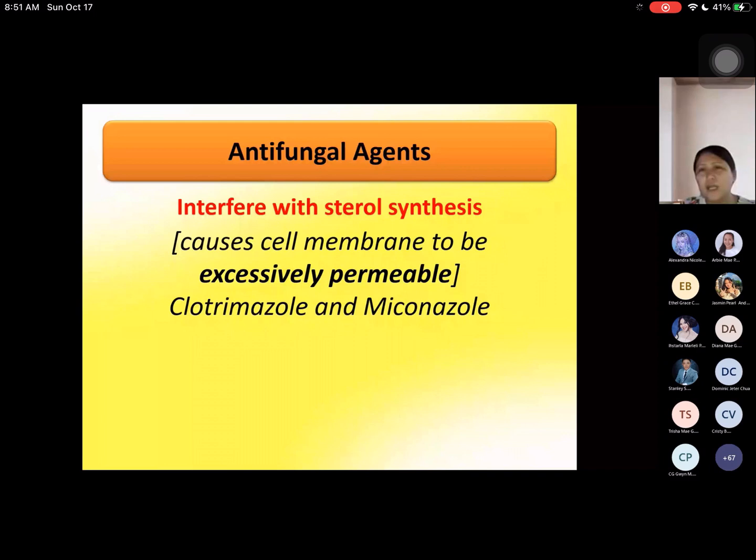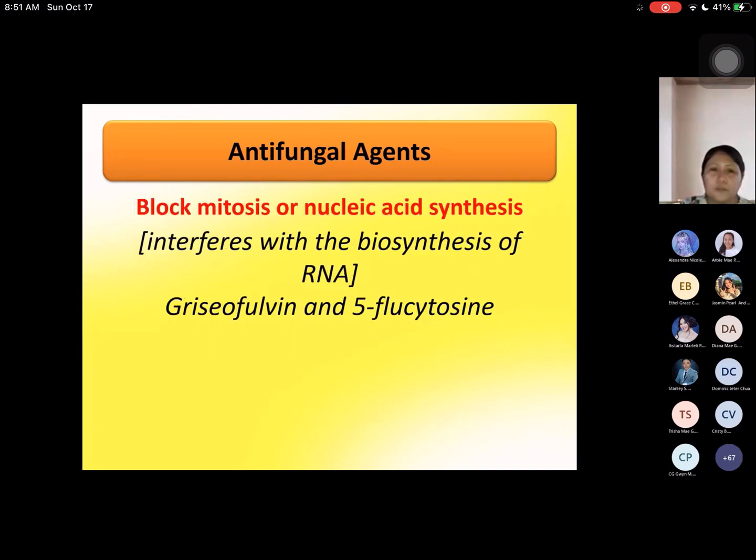Okay? And then they block mitosis or nucleic acid synthesis. So they interfere with the biosynthesis of RNA. Example is griseofulvin and 5-flucytosine. Okay, so they usually disrupt protein synthesis. Okay, for antiprotozoal agents, they interfere with DNA and RNA synthesis.